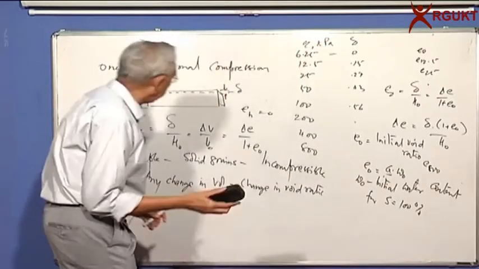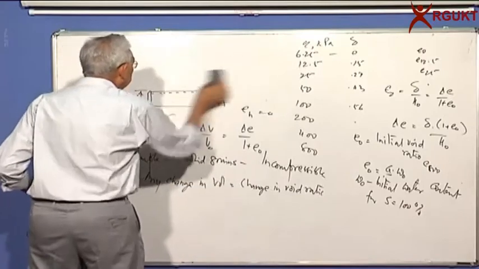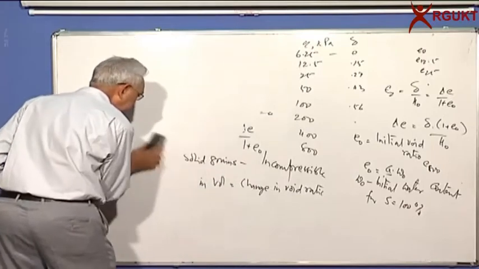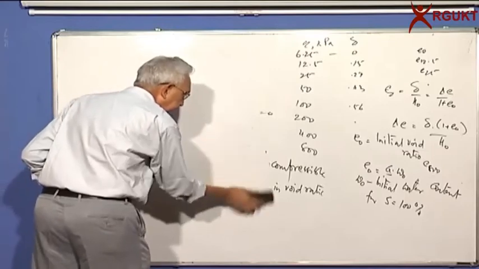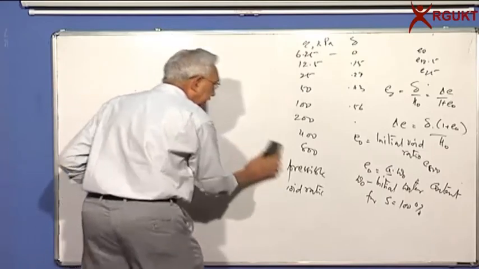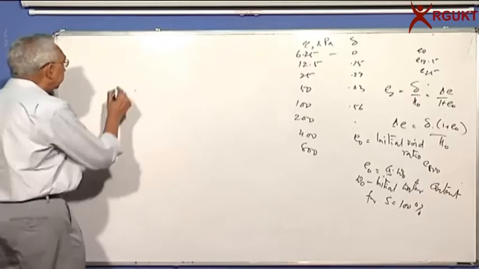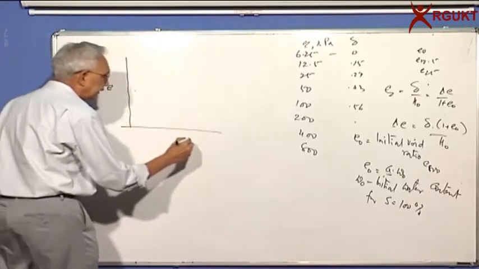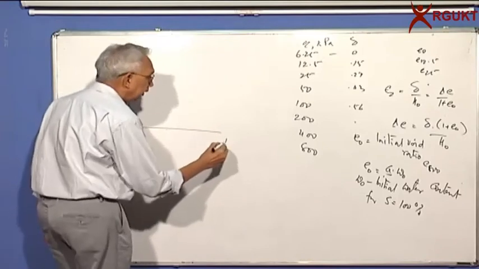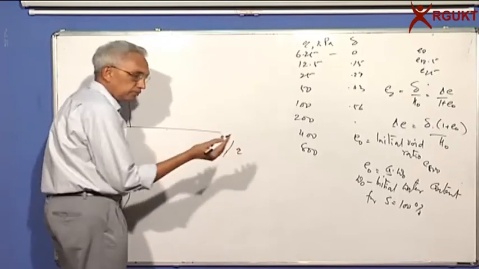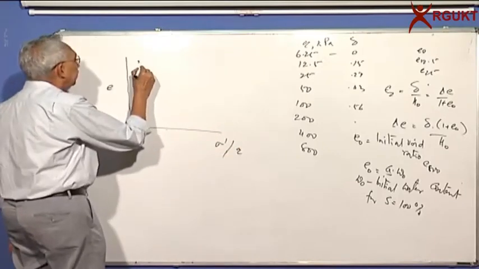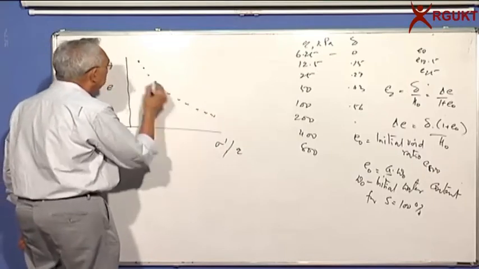Once you have that, you can plot the variation of void ratio with effective stress, that is the applied stress, and the final reading you are talking of. Can I plot here e versus sigma prime, or you can say Q? You will find that the curves come something like this.